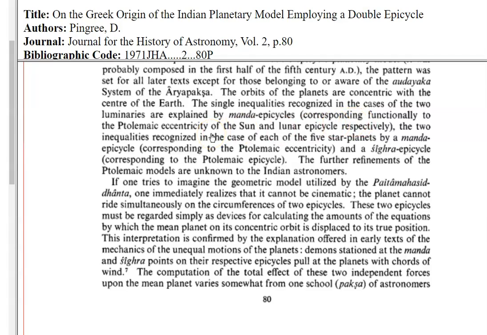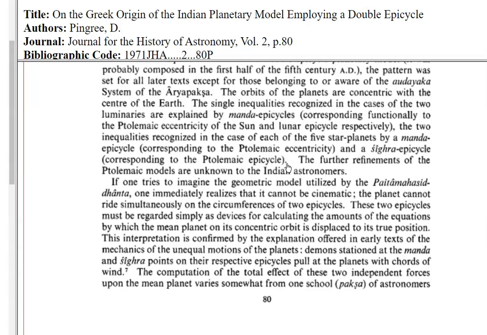I don't see that. We will go into the Manda epicycle later in the paper if you keep listening to me to the end. And the other epicycle is the Sighra epicycle, two epicycles. That's why it's the double epicycle. So the Sighra epicycle, Pingree is saying, is the regular Ptolemaic epicycle, and the other one is the eccentricity. I personally don't see that.